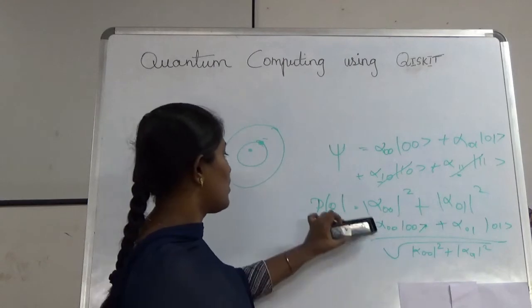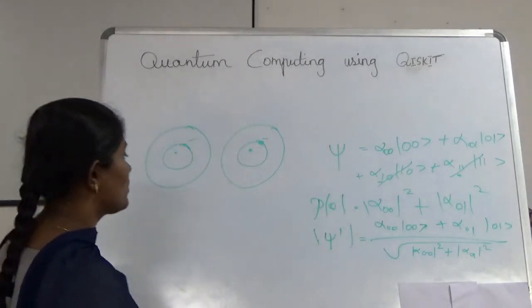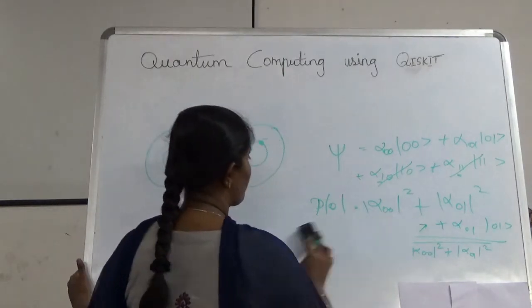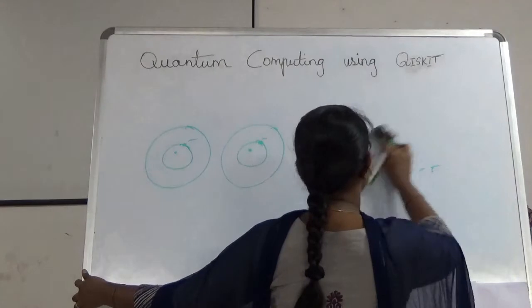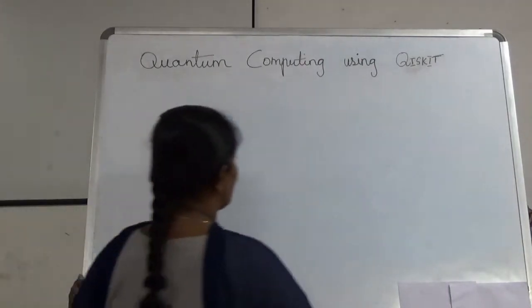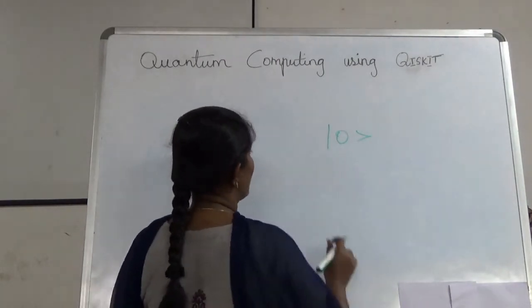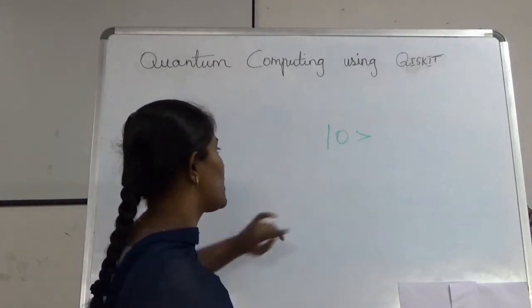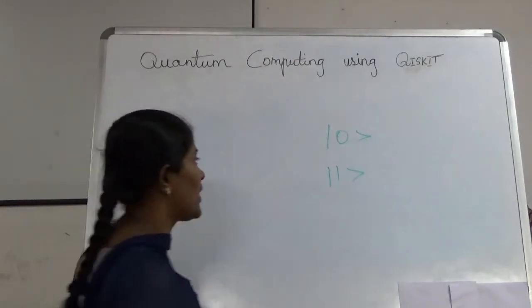Here a square root of this magnitude is given to normalize the values. This is the vector rotation for the electron to be in spin down state, and this is the vector rotation for the electron to be in spin up state.